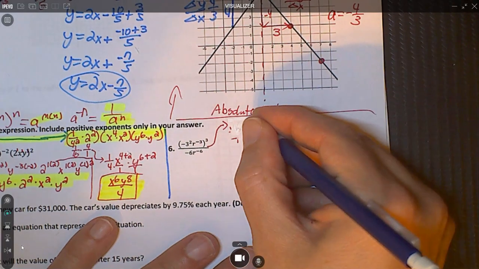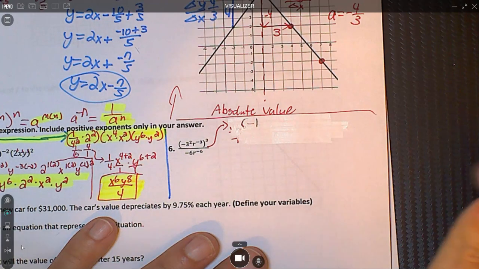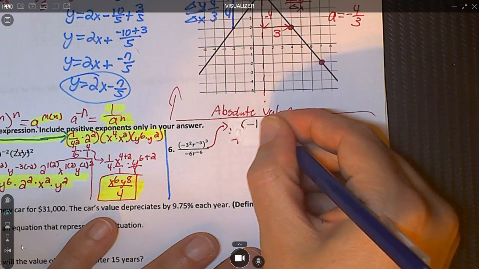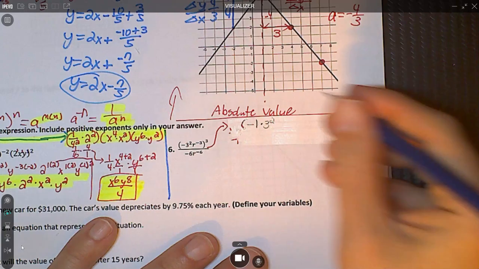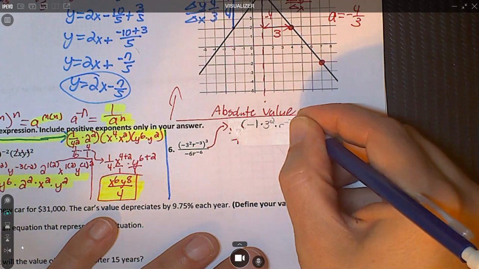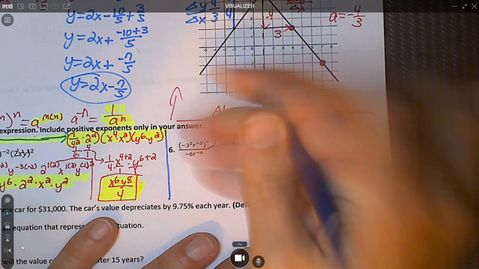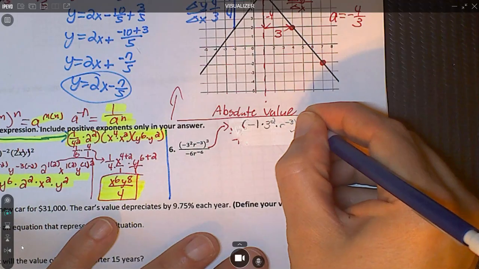Okay. This means negative 1 times 3 squared times r to the negative 3. And that whole thing is cubed.